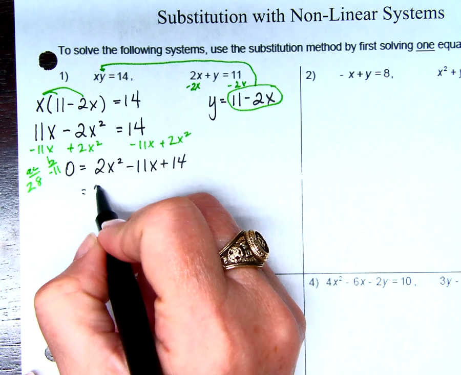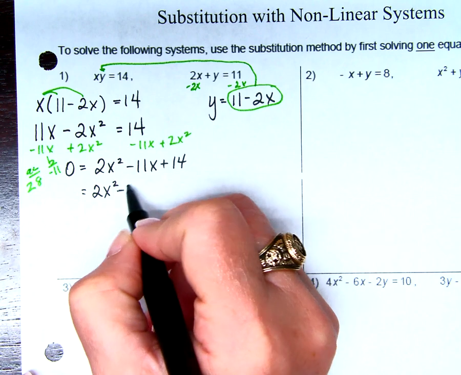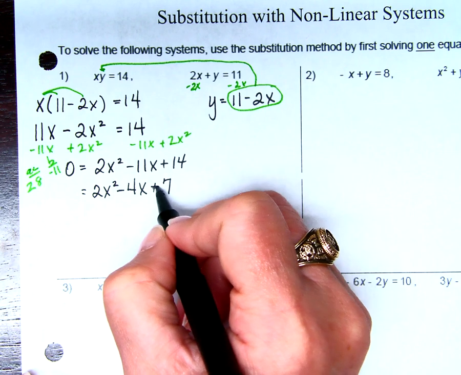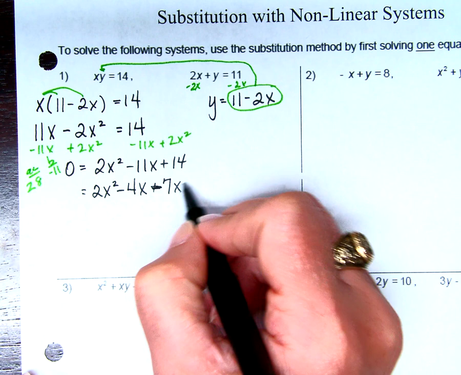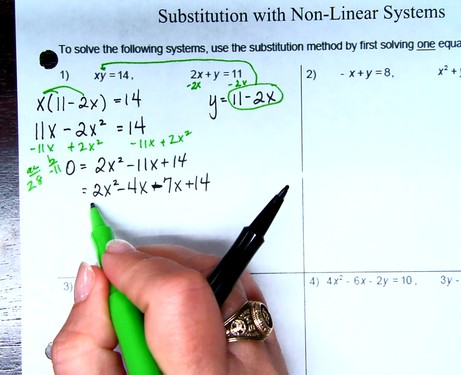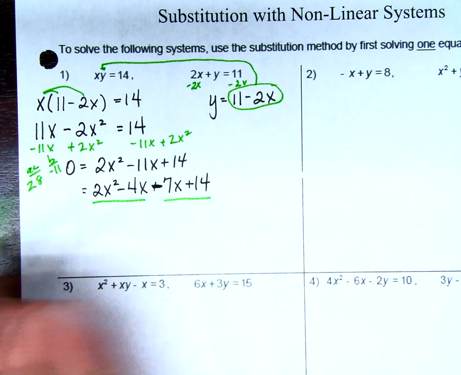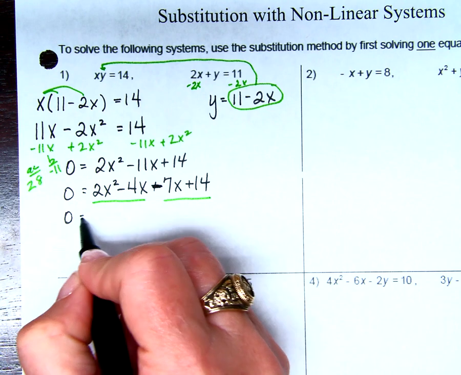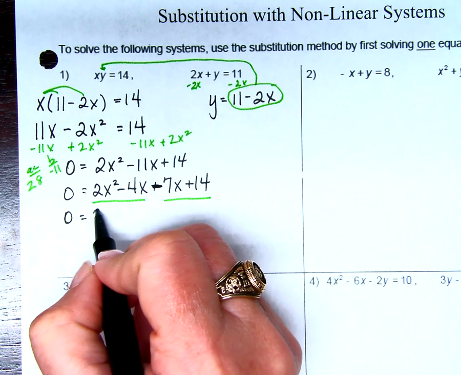So I'm going to rewrite this problem with those 2 x values. Oops, that should be negative. Pretend that's a negative. So 2x squared minus 4x minus 7x plus 14. And then I factor by grouping, don't I? There's 4 terms. What's common in the first 2 terms?